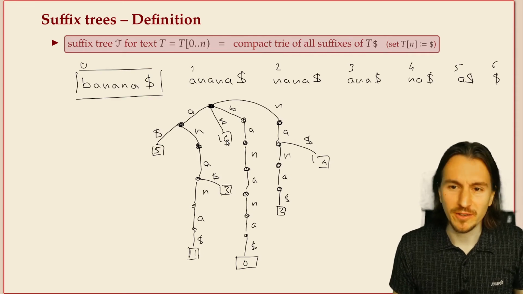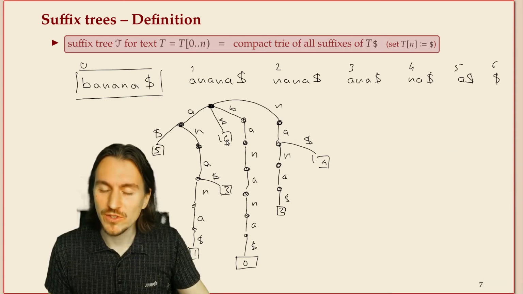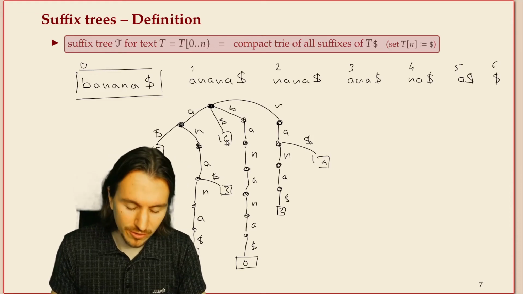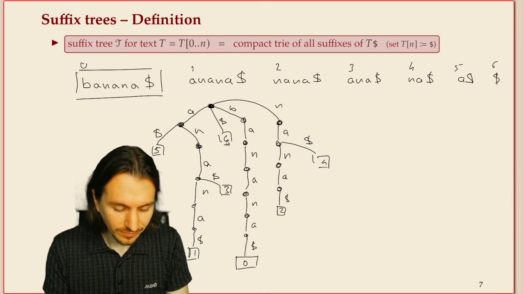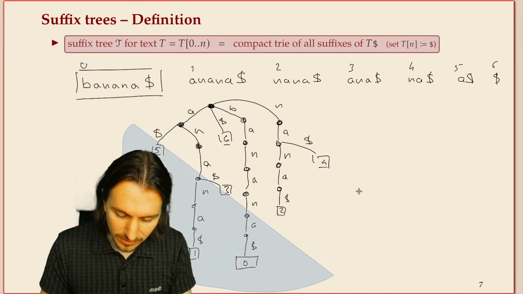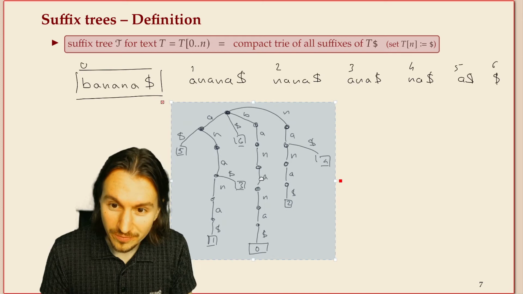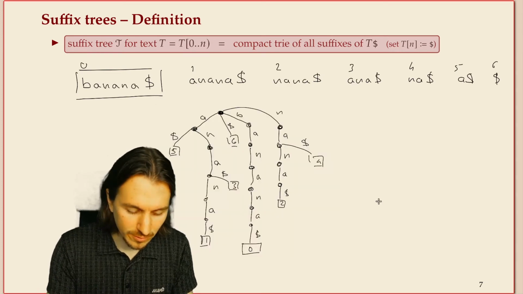Now we want the compact trie. So we take this standard trie and do the compaction construction from last time. Let's move this slightly over here and make it a little smaller so I can fit this next to me.